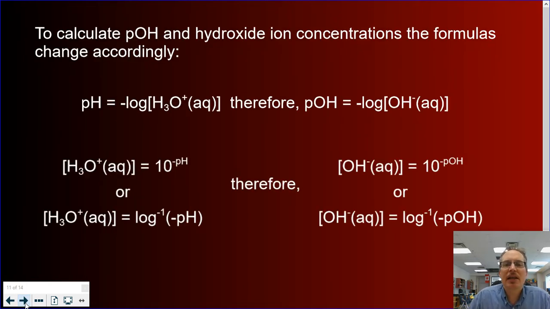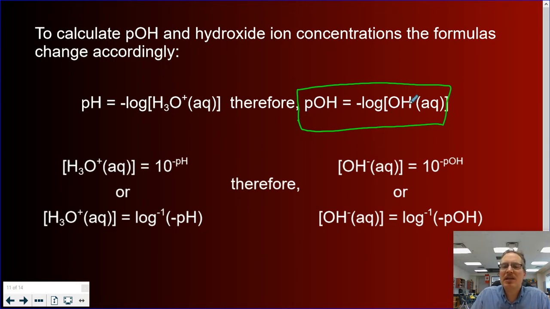Now, in order to calculate pOH and hydroxide ion concentrations, the formulas are the same as the ones we just did. However, instead of saying pH equals the negative log of the hydronium ion concentration, we're going to replace pH with pOH and hydronium with hydroxide, because remember, hydroxide goes with pOH. That's our definition from the previous video. So our new formula is going to be pOH equals the negative log of the hydroxide ion concentration.